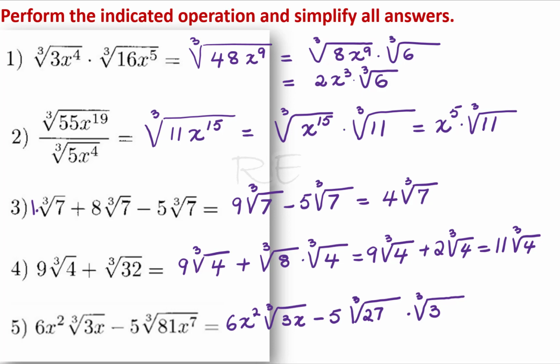And x to the 7th is x to the 6th, the perfect cube, times x. We're going to keep 6x squared cube root of 3x minus 5 cube root of 27x to the 6th, which is equal to 3x squared.